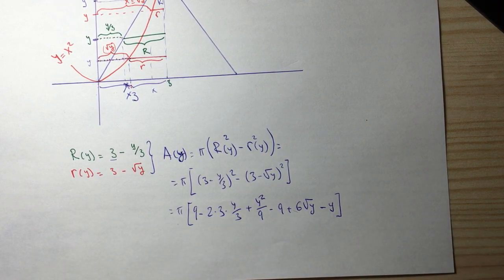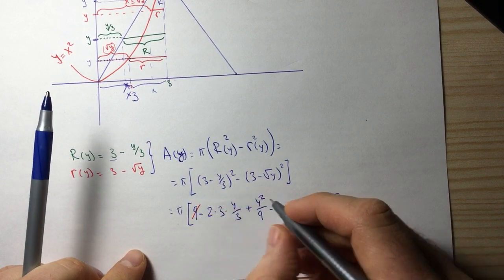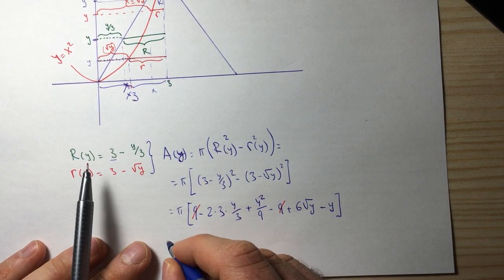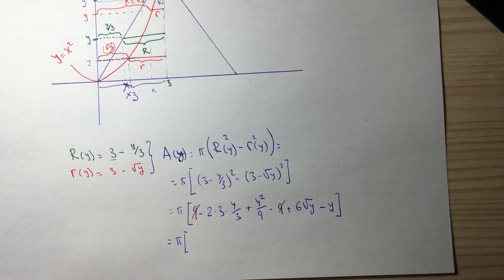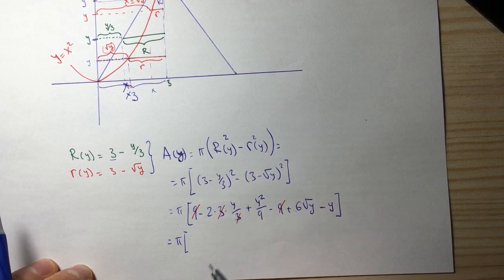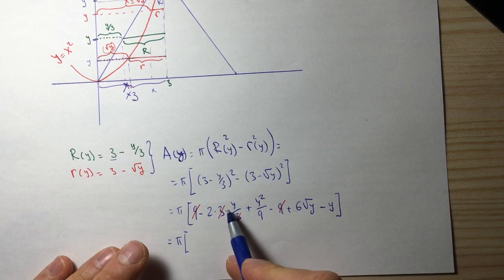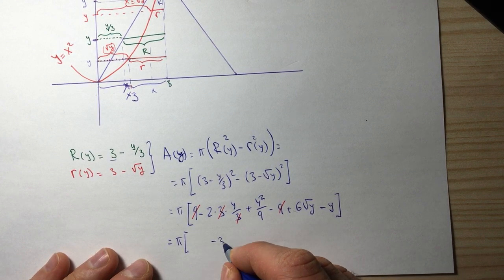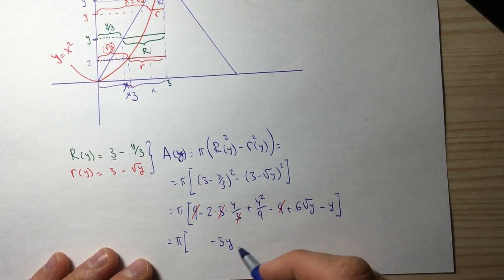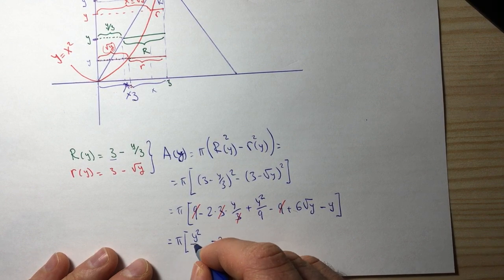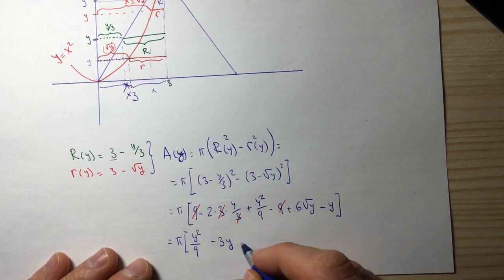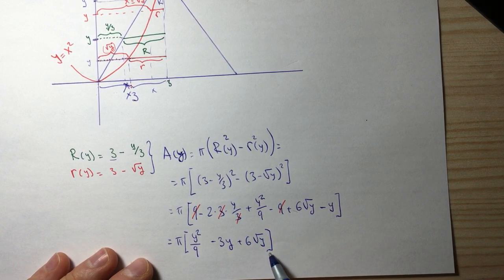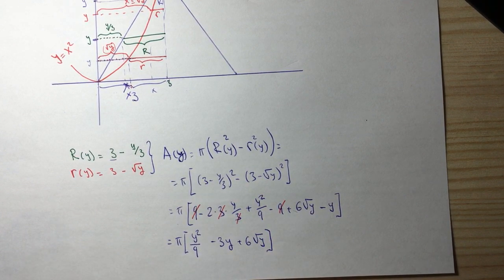Okay, and then we can cancel 9 and 9, and we get how much? We get pi, this cancels out. Okay, so I have negative 2y minus y is negative 3y, y squared over 9, and then plus 6 square root of y, which is the area of the washer.